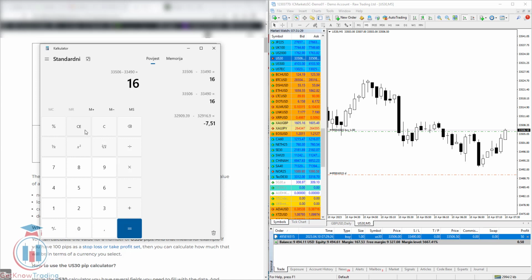So the difference is 16, and that means 16 is the difference between the open price and the close price. But the 16, you can see it here, is the wrong number because I do not have the correct information. It cannot be this one because there is a small problem.